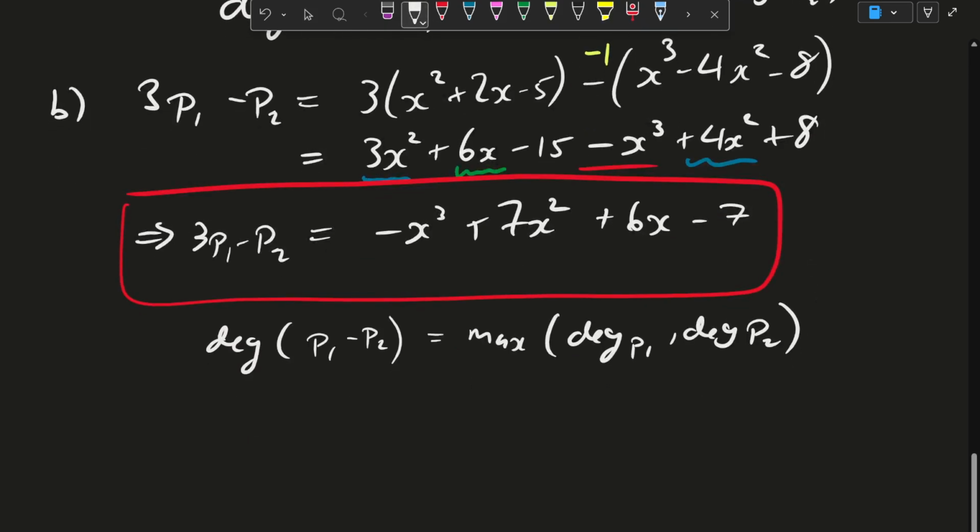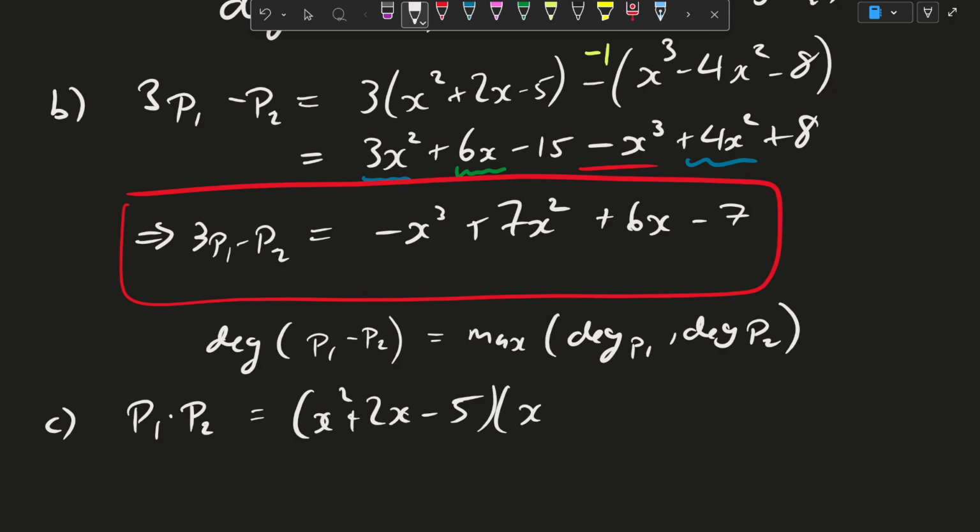Okay, we'll now move on to the last calculation, which is p1 times p2. So we have x squared plus 2x minus 5 times x cubed take away 4x squared take away 8. Now there's a number of different ways of doing this. So the way I will do it is just take each term individually and multiply with each successive term in the other bracket.